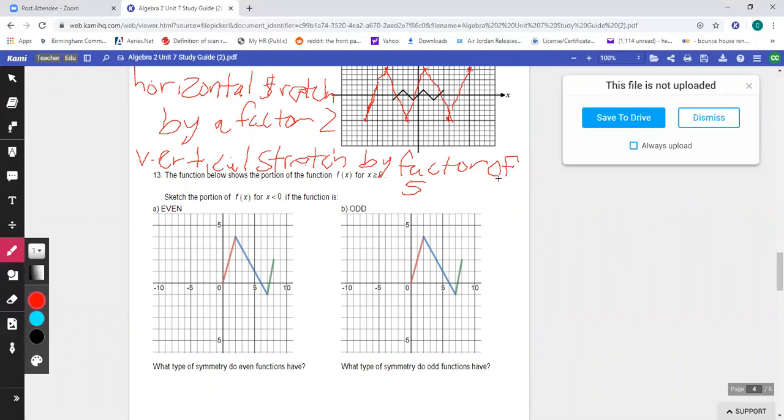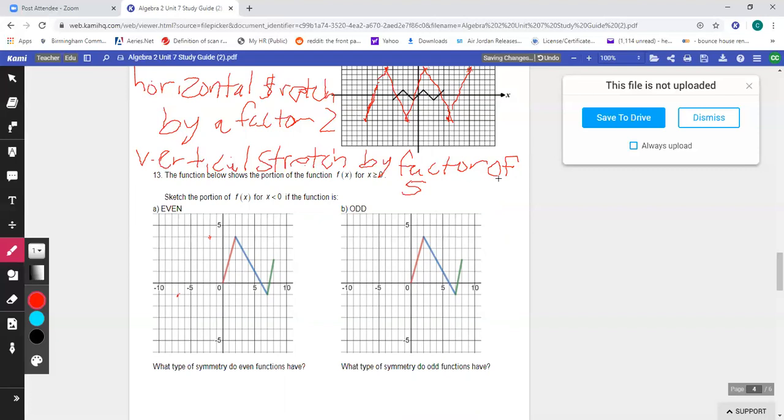So remember, even functions, opposite x values have the same y value. So if this is half of an even function, the other half, so that means at -2, I'm at the same y value. At -7, I'm at the same y value.